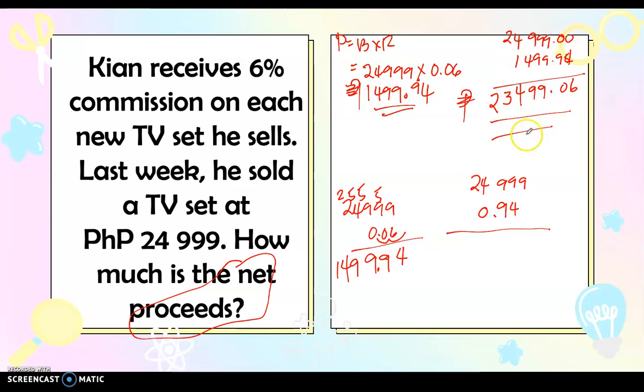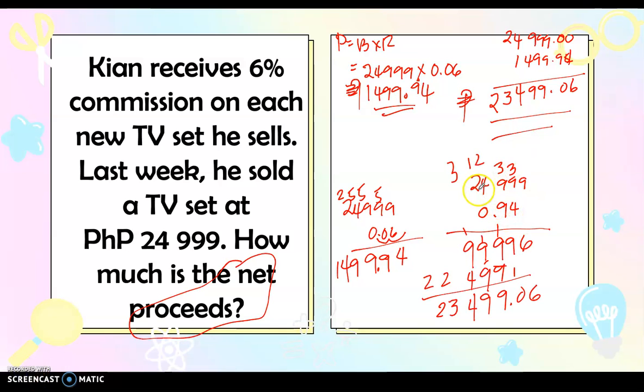Let's check if it is the same. As you can see, when you multiply 24,999 times 0.94, the answer is 23,499 and 6 centavos. It's the same as what we get if we get the commission first and then subtract.